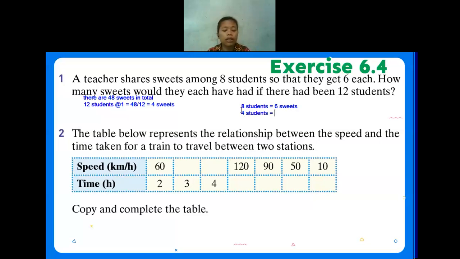So each student will have 12 sweets. Then for 12 students, from 4 into 12, we need to multiply by 3. So for the number of sweets, we have to divide by 3, which equals 4 sweets.